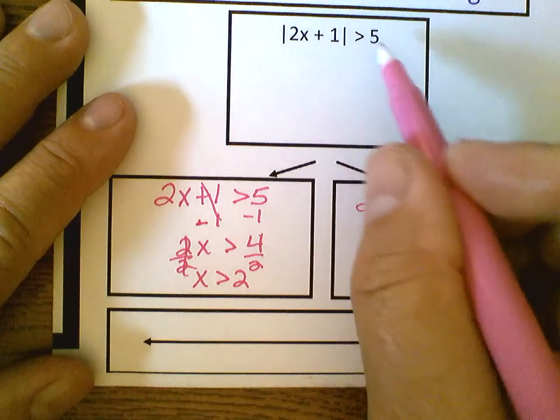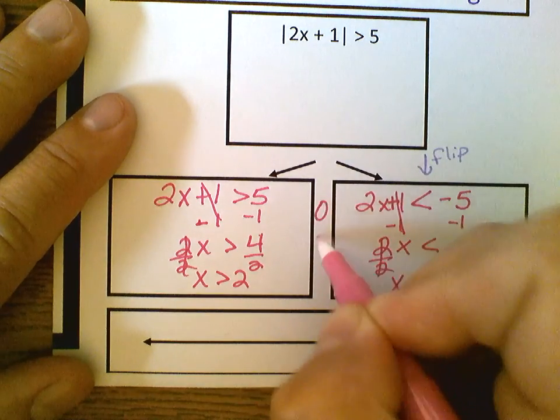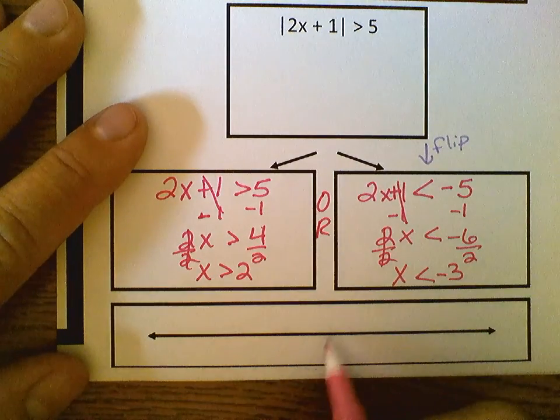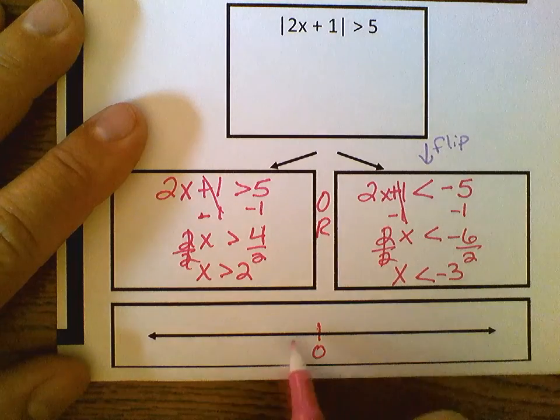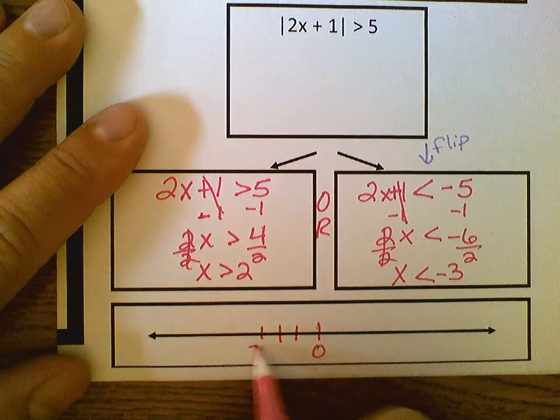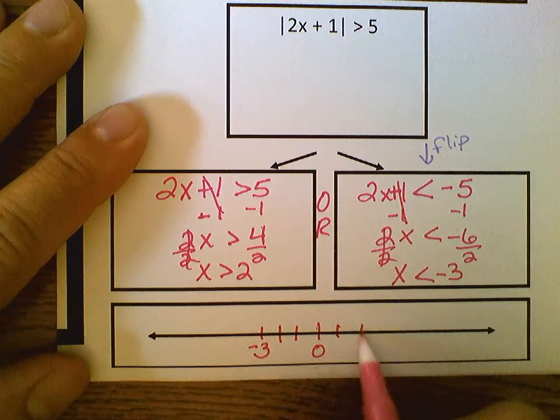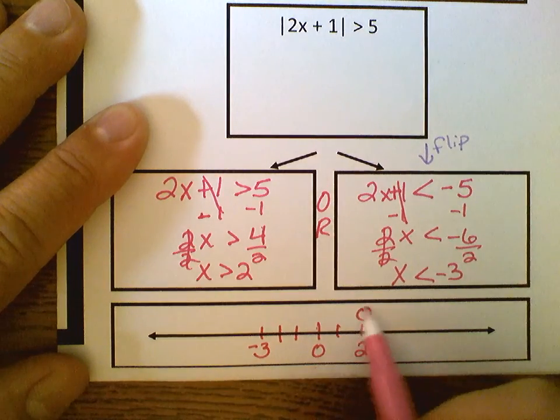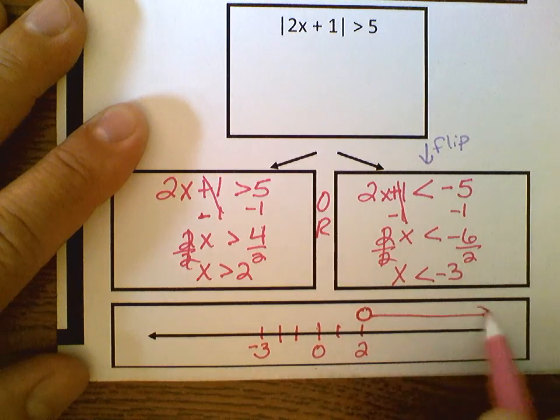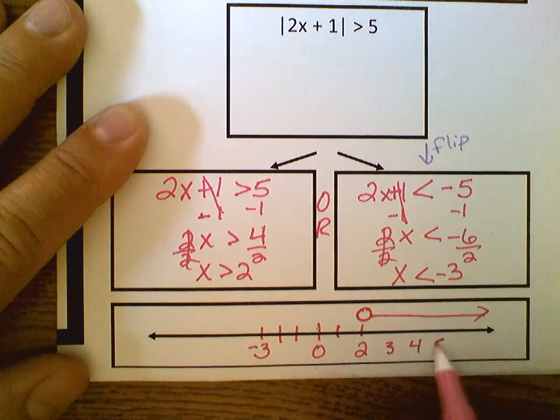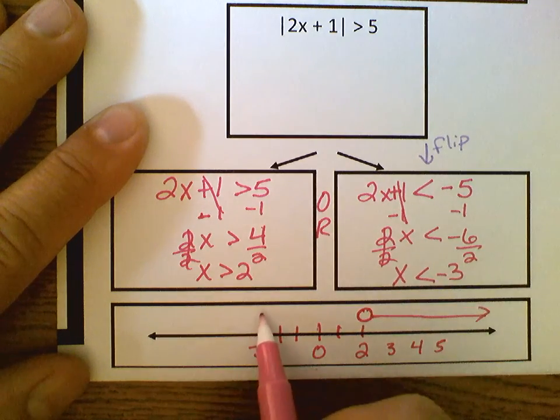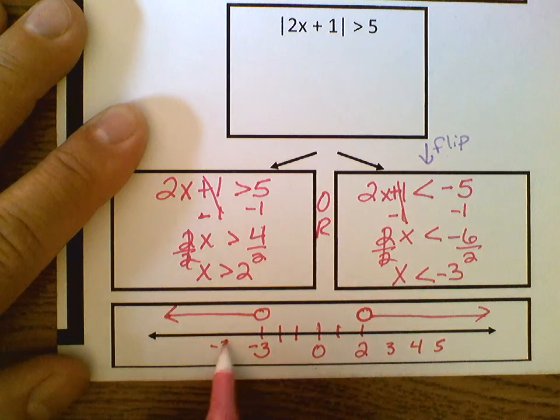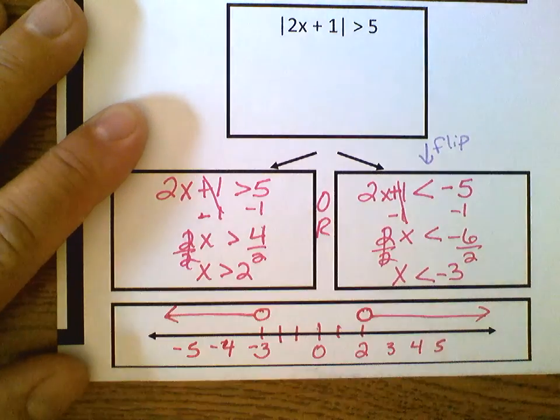And because this is a greater than symbol, I'm going to have an OR inequality. So here is 0, so I have -3 and 2. X is greater than 2, so that's an open circle. Greater than, the numbers greater than are this way. And less than -3 is also an open circle, and the numbers less than -3 are this way.